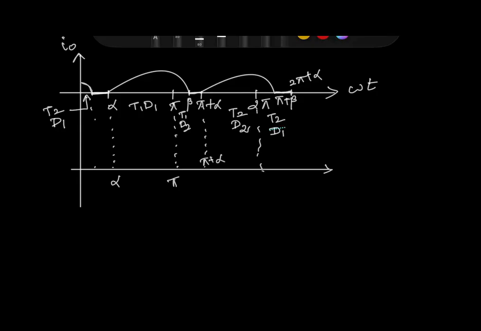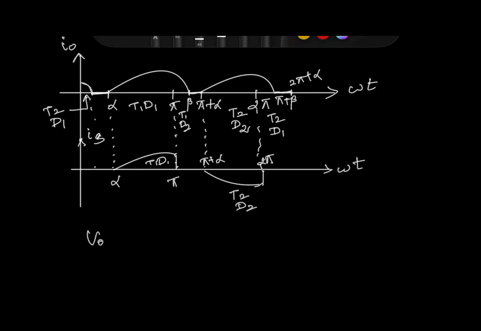So the source current will be the same as I0 when T1 and T1 are in on condition, and equal to minus I0 when T2 and T2 are in the on condition. So this is the input current IS.